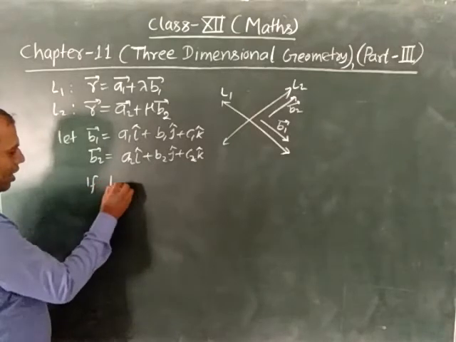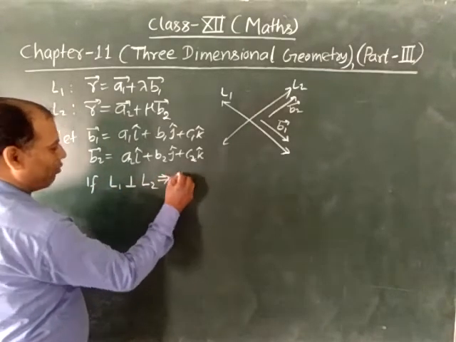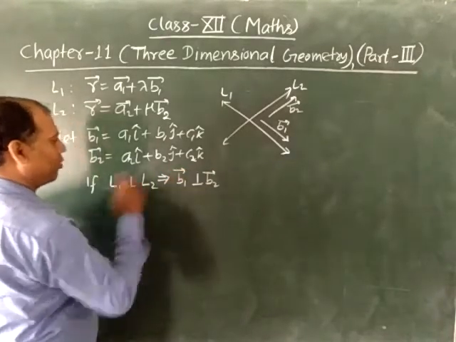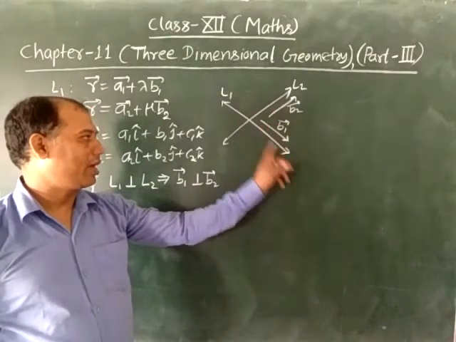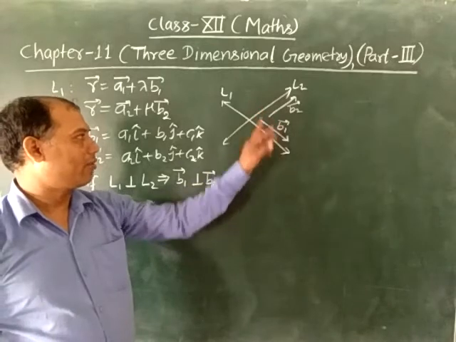Now if line L1 is perpendicular to the line L2, that means vector b1 is perpendicular to the vector b2, because both of these vectors are parallel to lines L1 and L2.